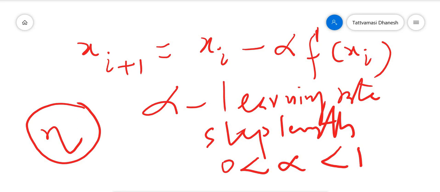But this is for x. In our case, we are more interested in neural networks, weight and bias. Am I right? We are more interested in the weight and bias of the network. No need to confuse with weight and bias. The simplest equation of a straight line, y is equal to mx plus c.